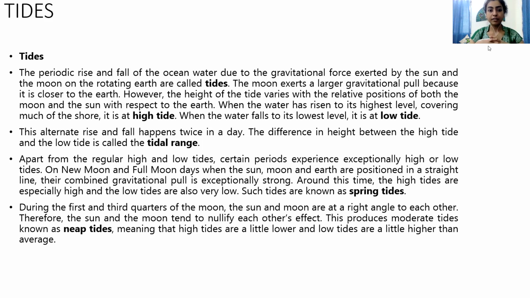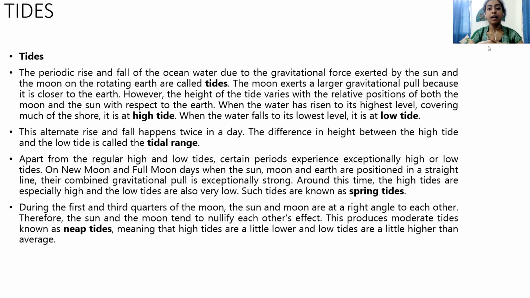However, the height of the tide varies with the relative position of both the moon and the sun with respect to the earth. How high a tide will be is determined by where the moon is located, or the position of the sun, like in which direction the earth is facing the sun. So all these are the different factors which determine the height of the tide.